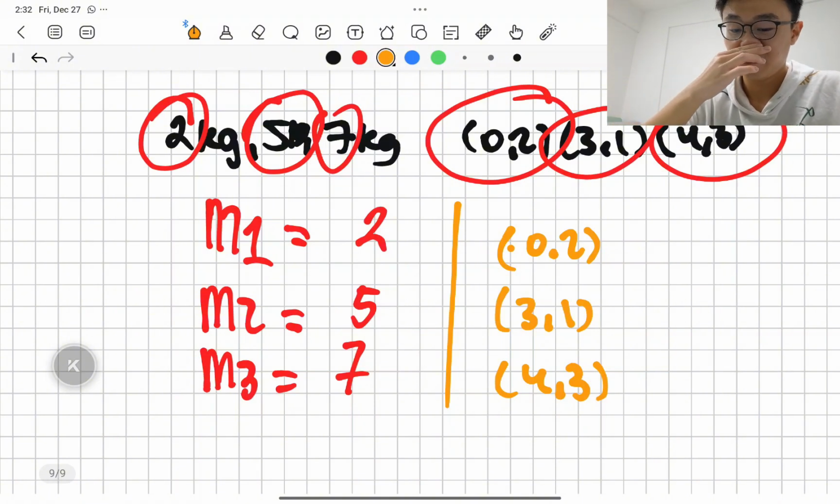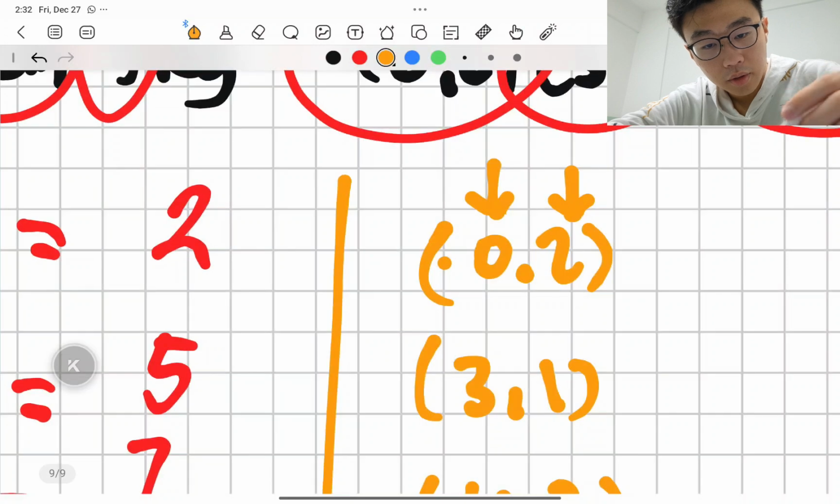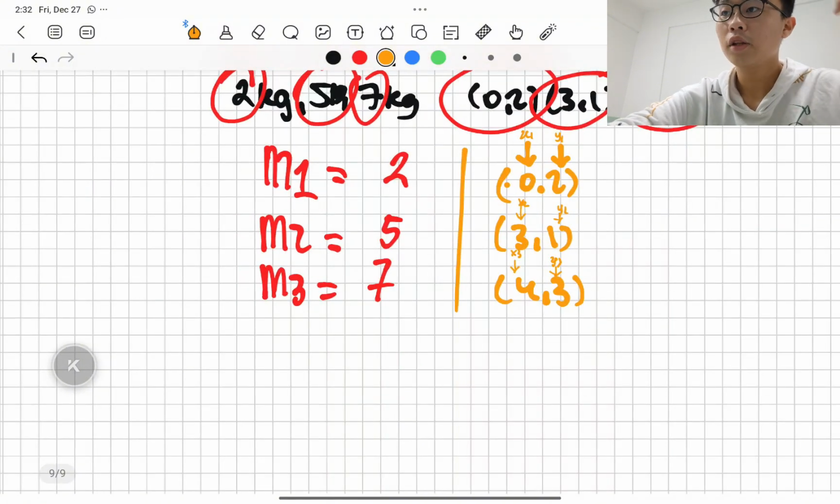So this represents x1 and this represents y1, x1, y1, and this one represents x2, y2, x3, y3. Now we need to find the moments.